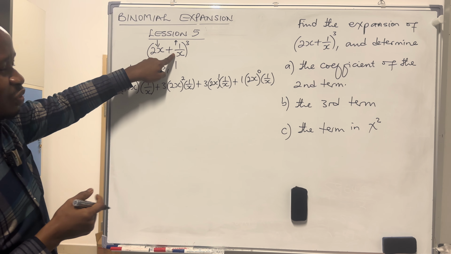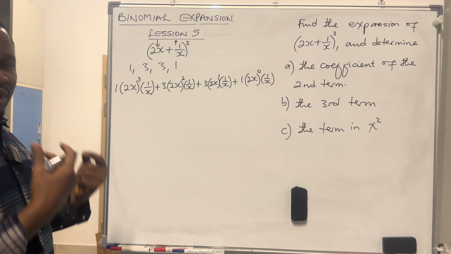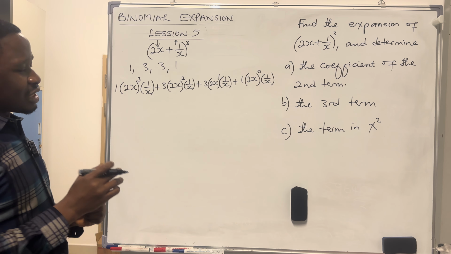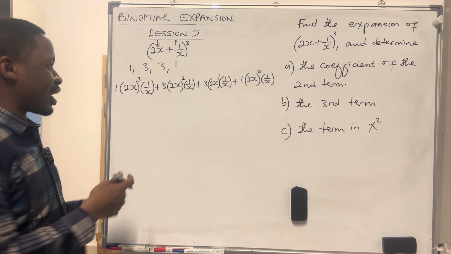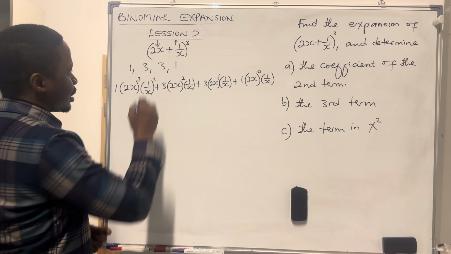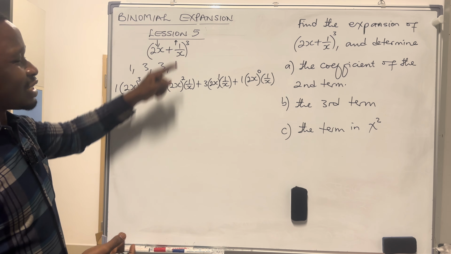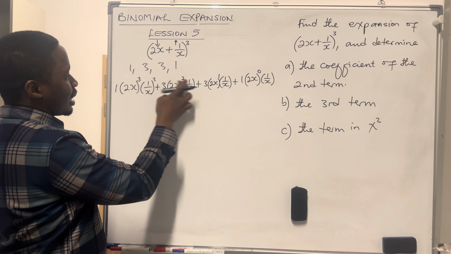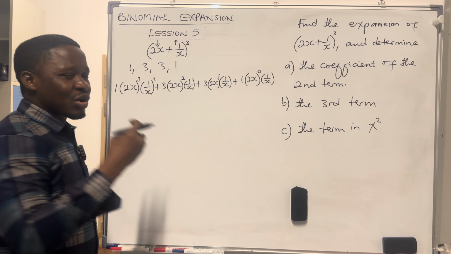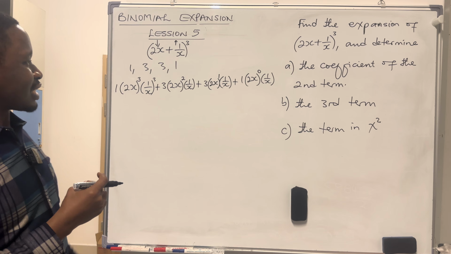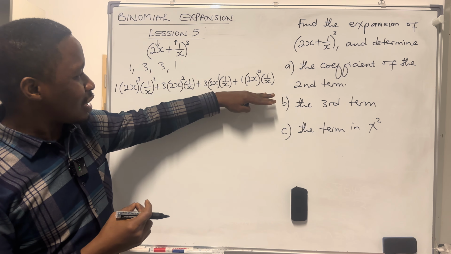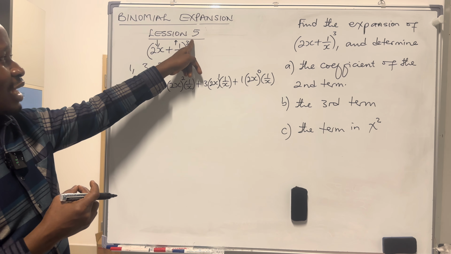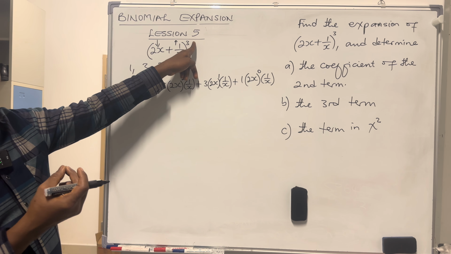If the power of this one is increasing, it must start somewhere, at (1/x)^0. Some students may forget and start with 3. But if we are saying this one is increasing and you mistakenly start with 3, this one is going to be 4. The good thing about binomial expansion is that no power can be greater than the power the expression comes with.